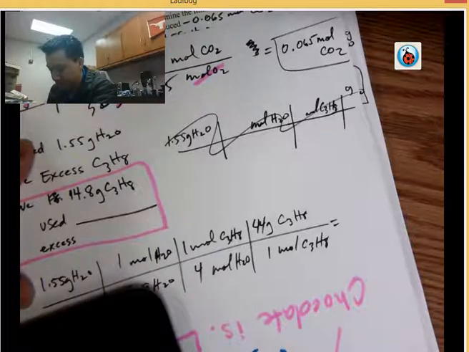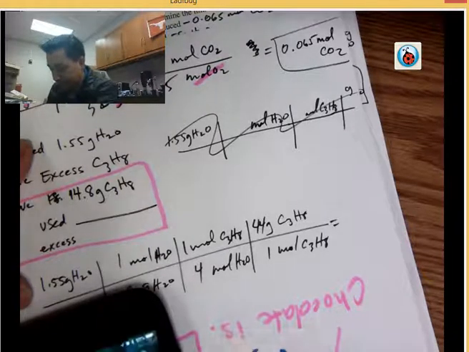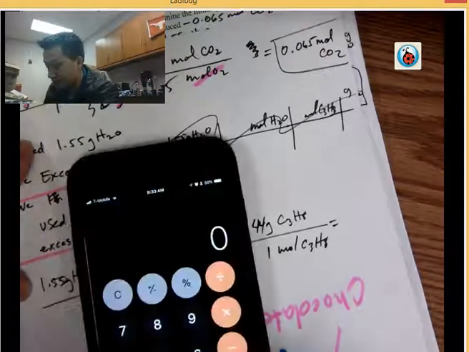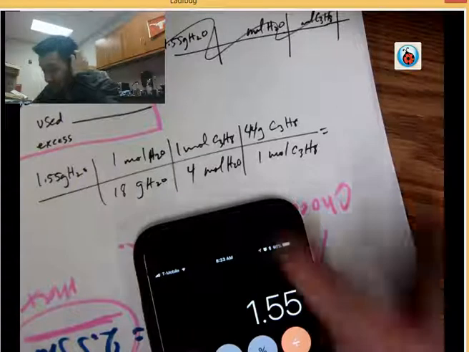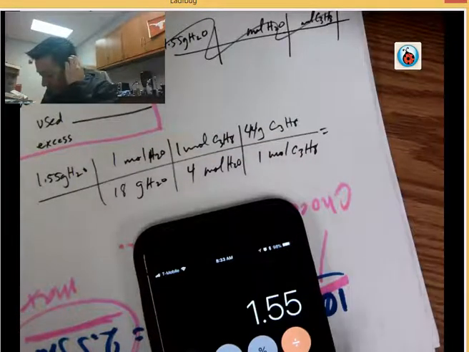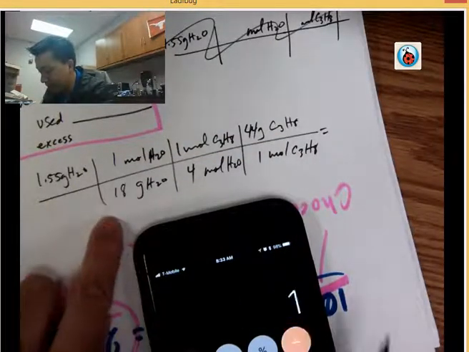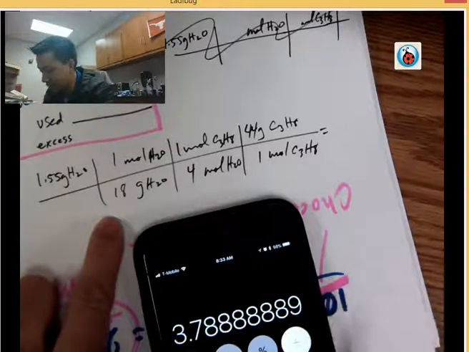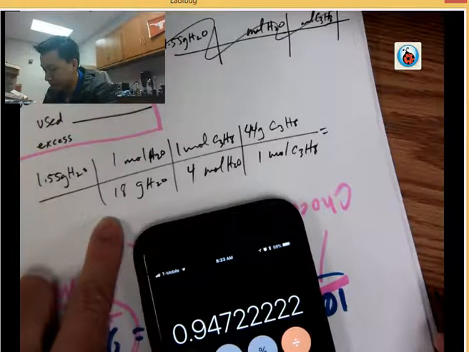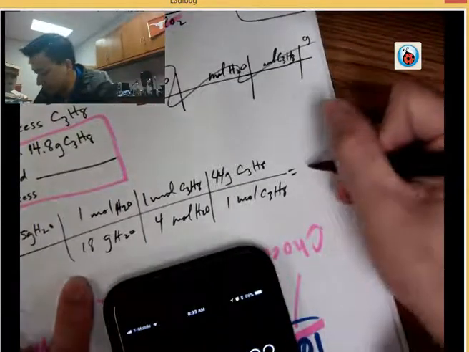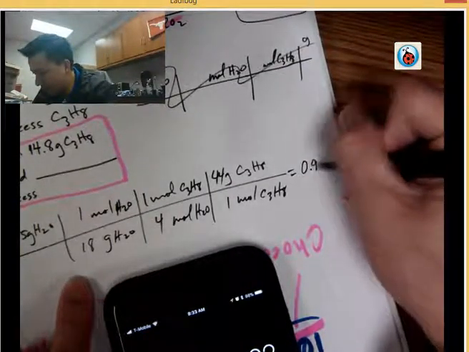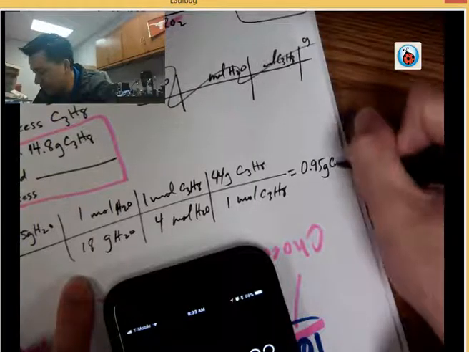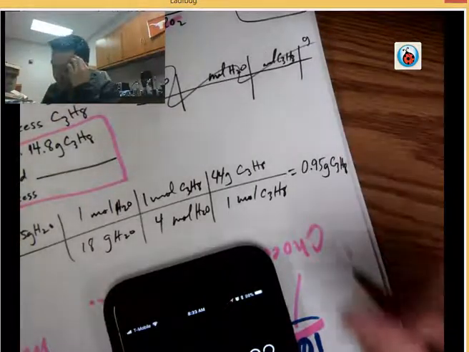1.55 times 1 times 1 times 44, divided by 18, divided by 4. Wow. So we only used 0.95 grams of C3H8.